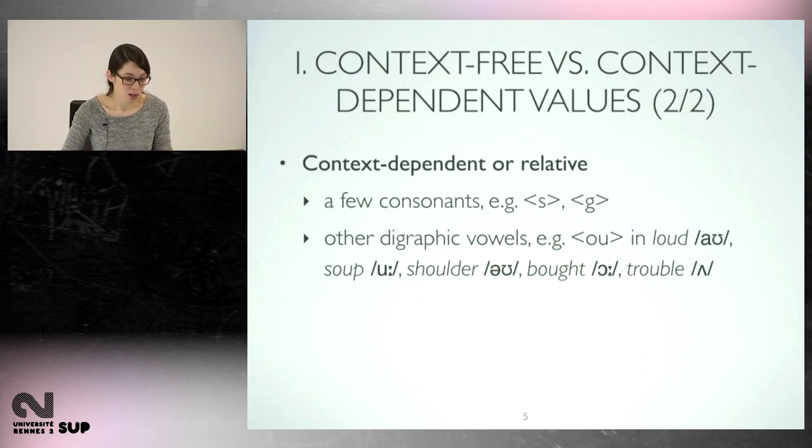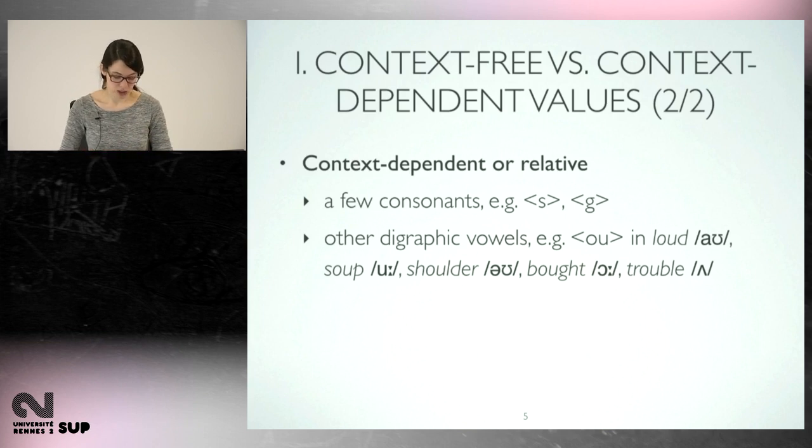This gives you an idea as to the type of contextual factors that may influence the pronunciation of a given grapheme and of a given digraph in context. And so OU, which corresponds most of the time to ow, but not always, is one of the most irregular, if you like, vowel digraphs of English.